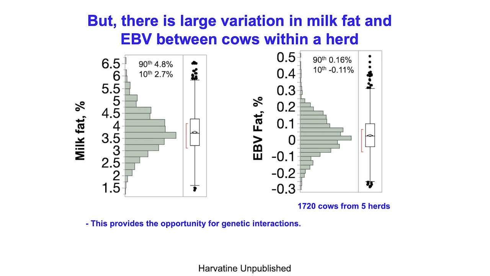Because the expected breeding value is the difference that's being transmitted. So the genetic potential of the cow herself would be a larger factor than this. But at least we're beyond 0.25 units difference in genetic potential between those cows. So we still have more variation in milk fat than genetic variation. There's still reasonable genetic variation.